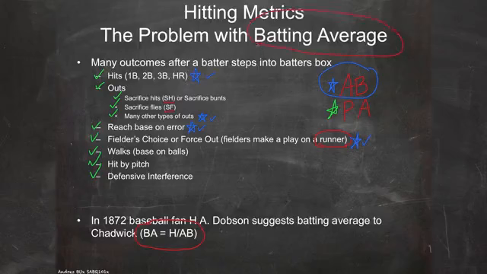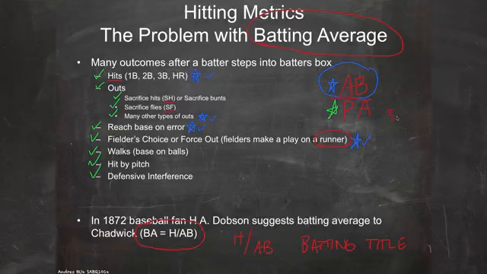Well, batting average is defined as hits, this statistic here, divided by at-bats, this statistic here. So hits divided by at-bats is what's called batting average. And it determines what's known as the batting title. Every year, Major League Baseball gives out the batting title to the player with the best batting average, as long as they have a certain number of plate appearances.